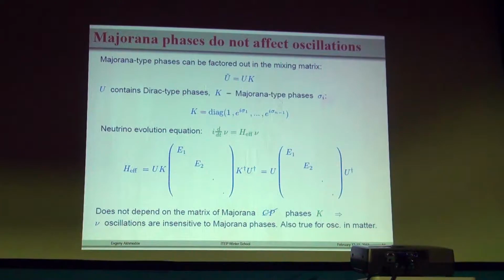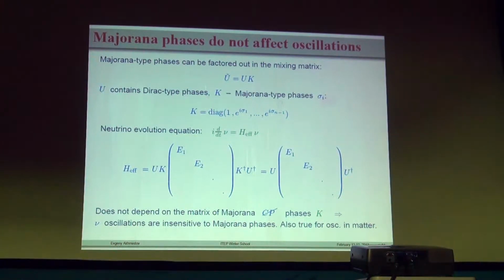Diagonal matrices commute with each other. Therefore, we can commute K from here to here and cancel it completely, and the result is independent of the Majorana phases. So unfortunately, we cannot probe Majorana type phases in neutrino oscillation experiments.